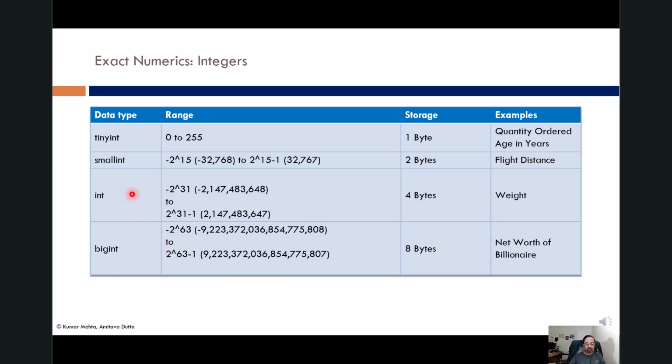Two other examples of exact numerics are integer and big integer. You can see that the way they vary is the range of values that they can take. It's minus such and such, 2,147,000,000, and so forth. So the ranges are different for integer and big integer. But notice one thing common across all these exact numerics: they are integers, so they do not have a fractional component.